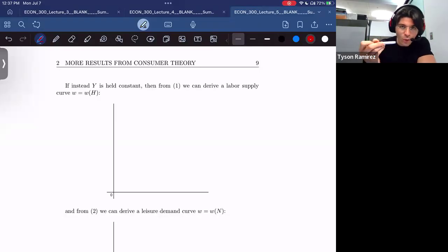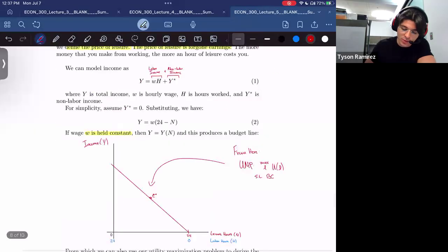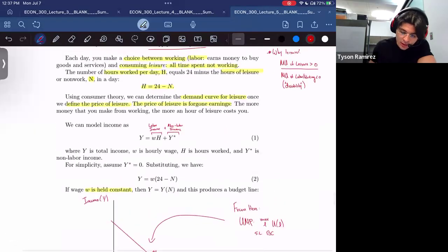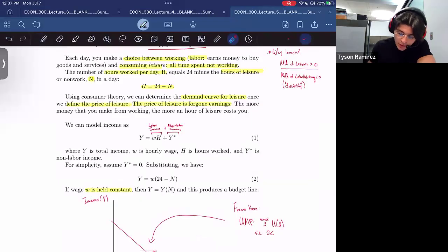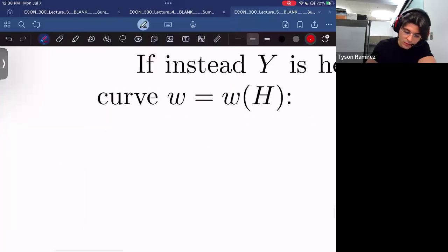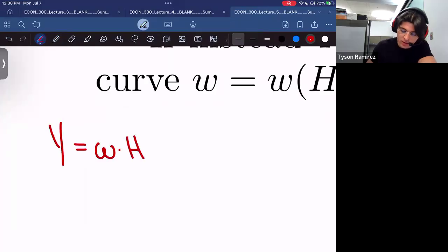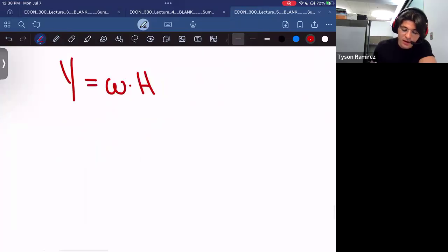So if instead y is held constant, then from 1, and when I say from 1, I mean equation 1, if we hold this constant and we still assume this to be 0, so this is a constant, this is gone. Let's go ahead and write this here. So y equals w times h, and there's nothing else.